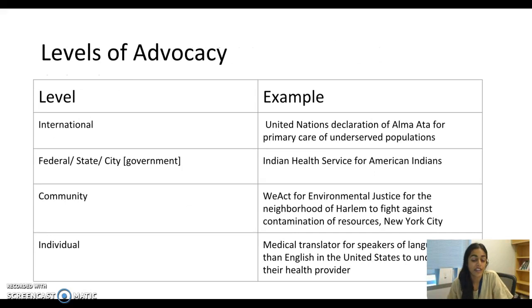So the levels of advocacy, just some examples, are at an international level, something like the United Nations Declaration of Alma-Ata for advocating for primary care of underserved populations, which is a major advocacy statement and imperative that was published in the 1970s.